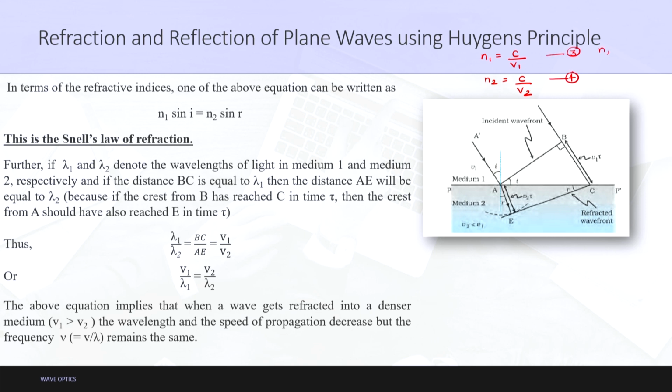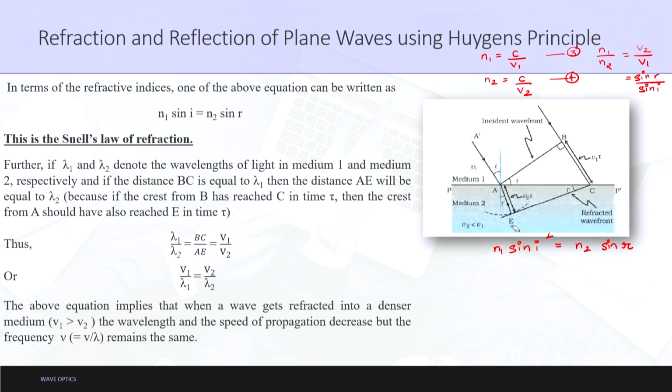Then n1 by n2 is equal to v2 by v1. So, the ratio of the refractive indices is the inverse ratio of the velocities. From the last equation we know v1 by v2 is equal to sin i by sin r, that means v2 by v1 will be sin r by sin i. So, using this we get n1 sin i is equal to n2 sin r.